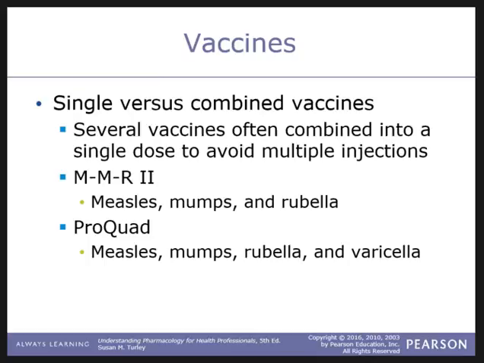There is ProQuad, which has measles, mumps, rubella, and varicella, which is the chickenpox vaccine. There's also your diphtheria, tetanus, and pertussis, or DTaP vaccine, which would have multiple types of vaccinations in one vaccine.